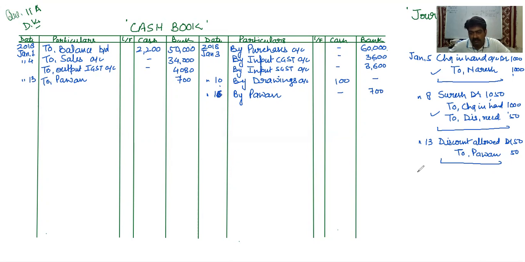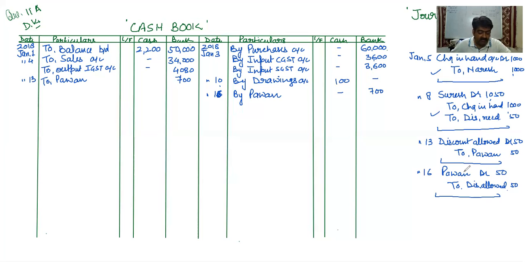So on January 16, we will cancel discount which was allowed to Pawan. So for that, entry will be Pawan debit to discount allowed. Always remember one thing, my dear students, do not write discount received here. Because we are not receiving this discount from Pawan. We are simply cancelling discount which was allowed by us on 13th of January.